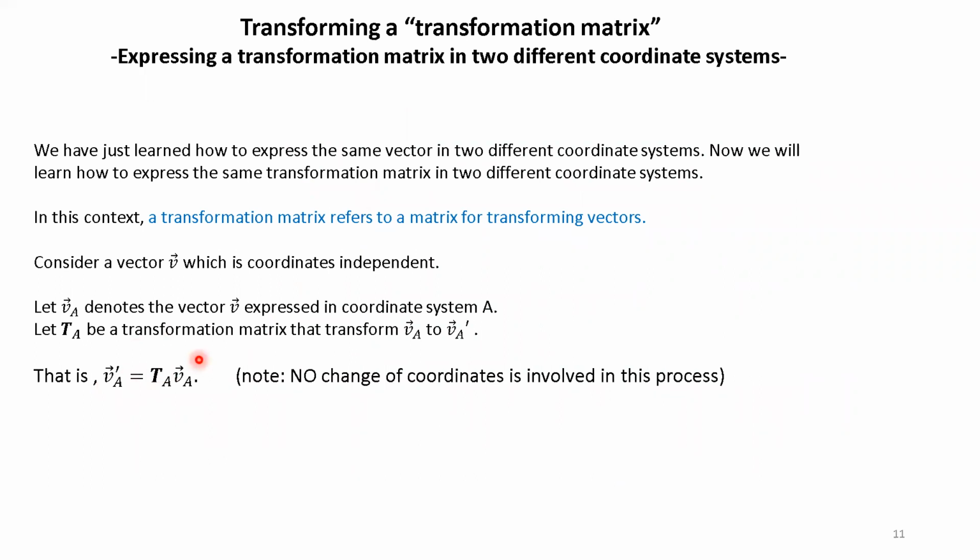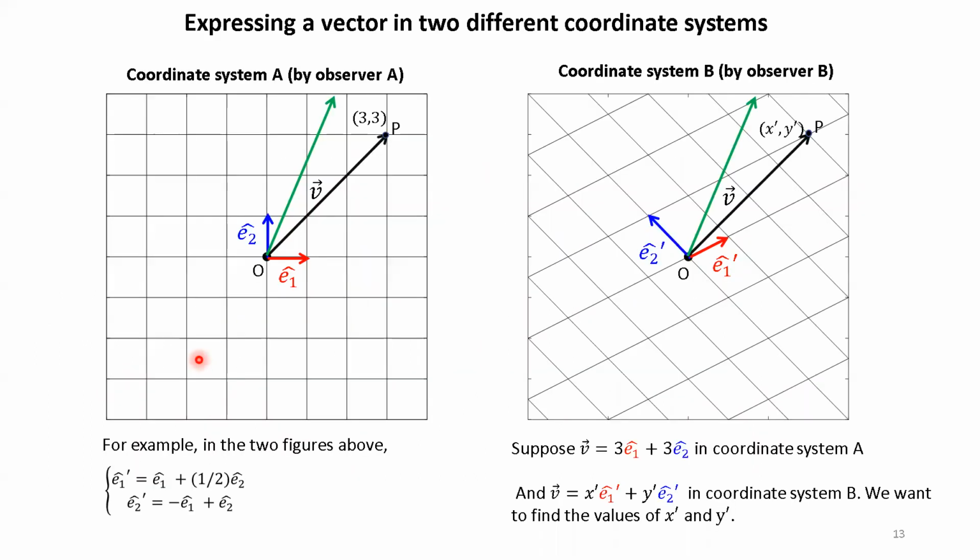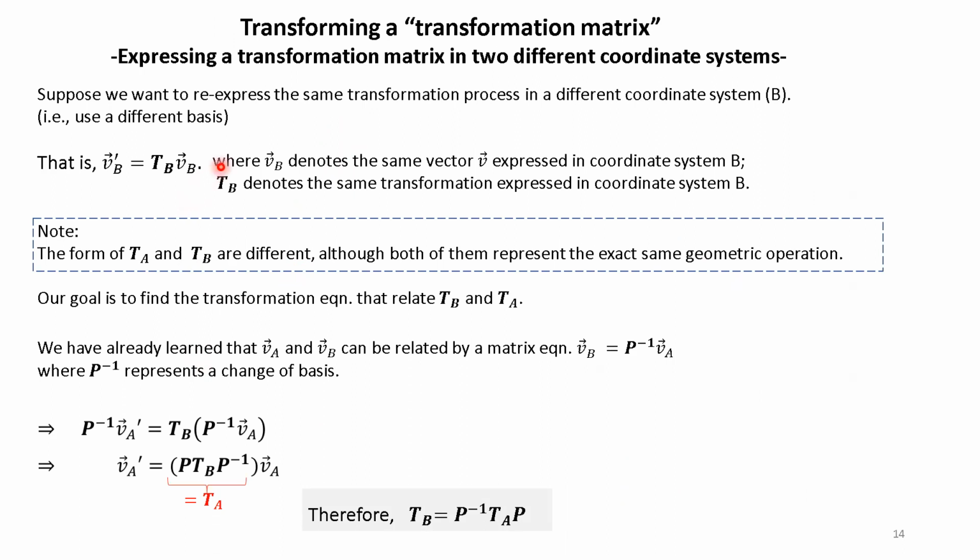Now, as I said, we want to express the same transformation process in this coordinate system B. Mathematically, that means that in the coordinate system B, we go from v_B to v_B prime using some transformation, this T_B.